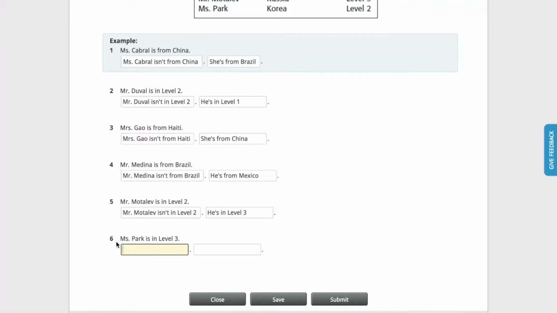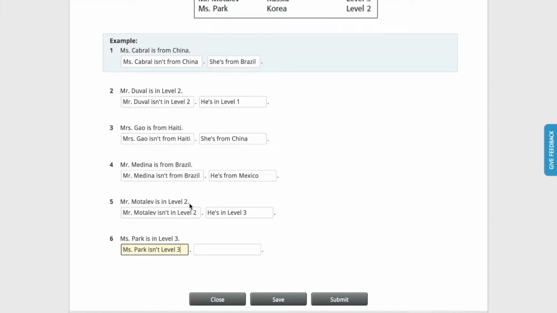So we might as well stay with Ms. as a way of describing a title to the name. And you always use the last name. So Miss Park isn't in, oops, I did more than I should, isn't in level 3.